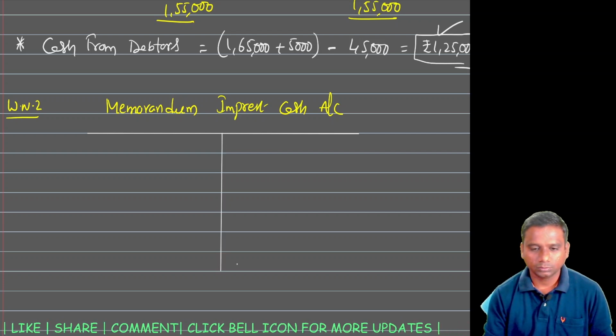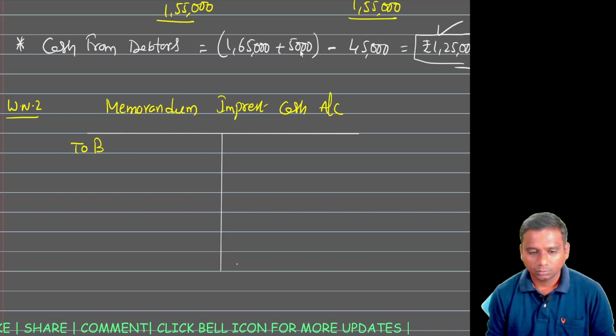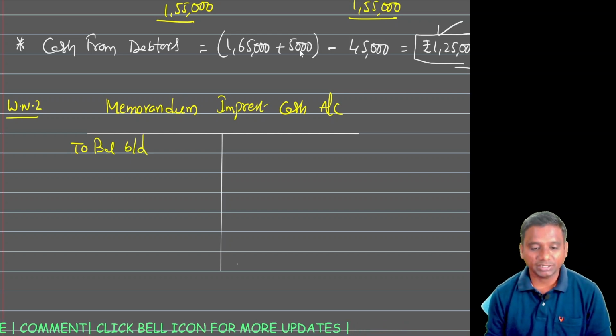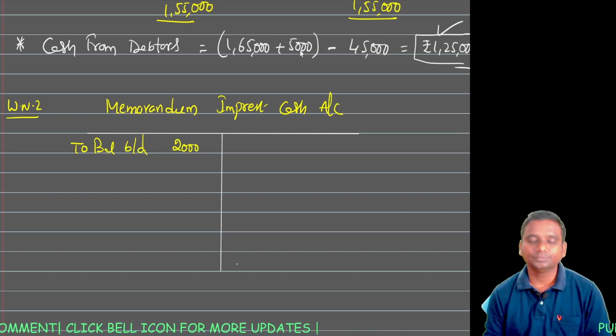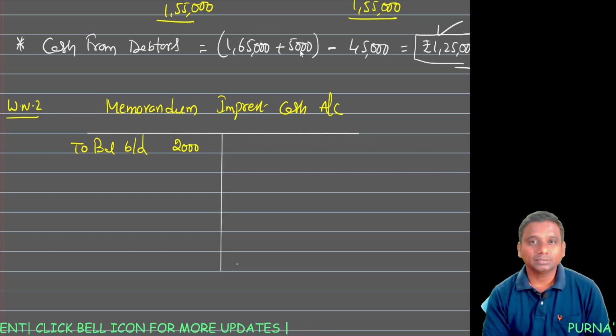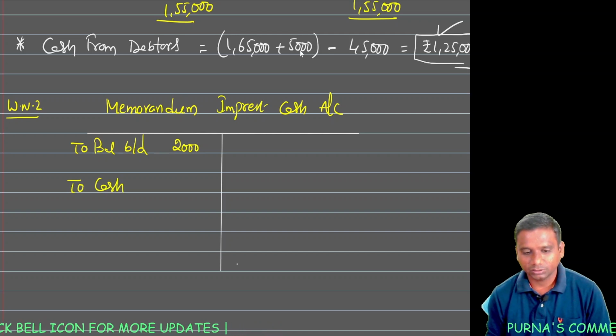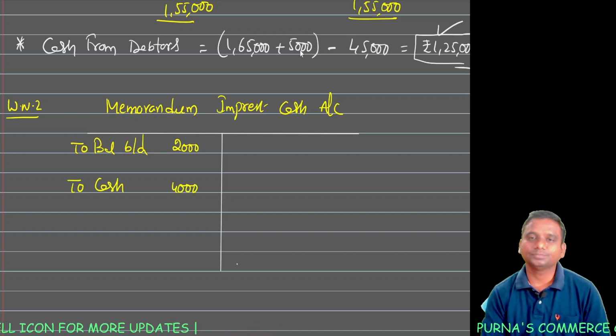Now to balance, balance c/d. What is the opening balance in imprest cash? 2,000 opening balance. During the year we sent another 5,000, so to cash, 4,000 we sent.